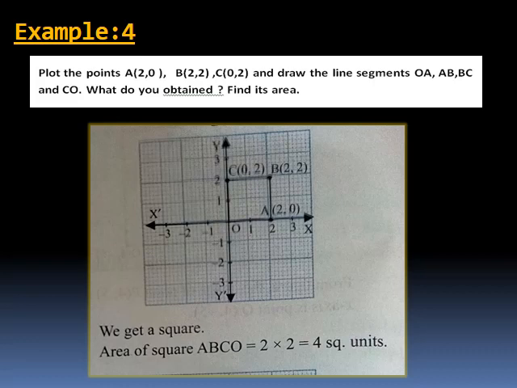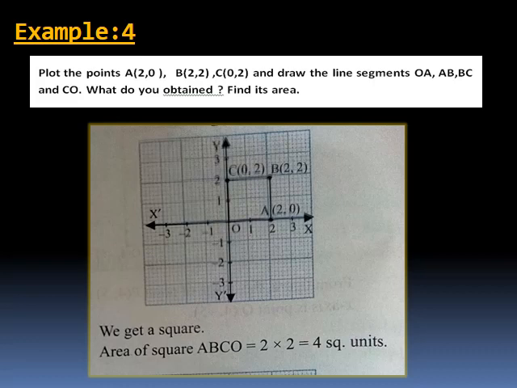So OA, OC, AB, BC. So if you join all these line segments, we get the figure OABC. Here all the sides are equal, so all sides are equal to 2 units. So the figure formed is a square. So OABC is a square.